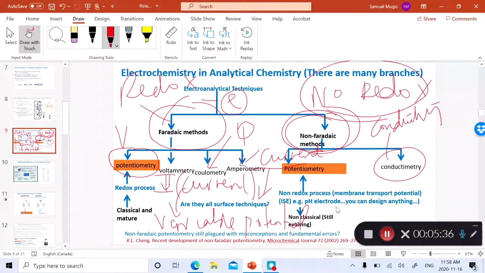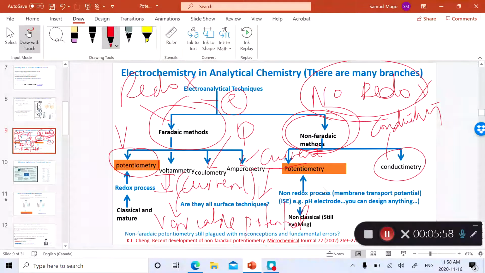Okay. Maybe you can take a look at this paper if you're interested, because there has been a lot of misconceptions trying to differentiate between the classical potentiometry, which is a galvanic cell, and the non-classical potentiometry, which is the ion selective electrodes.